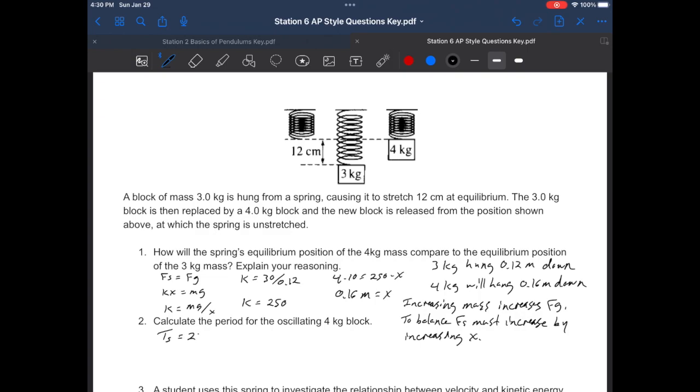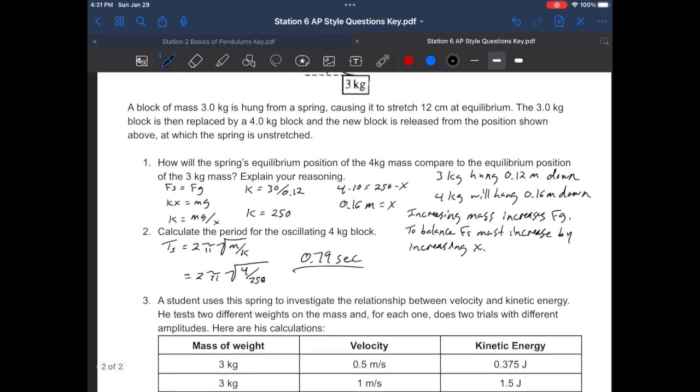So we have 2 pi times the square root of 4 divided by 250 in order to calculate the period of this system with the 4 kilogram block on it. Four divided by 250, take the square root of that value, then multiply by 2 pi. That gets us 0.79 seconds, because again, period is calculated in seconds.